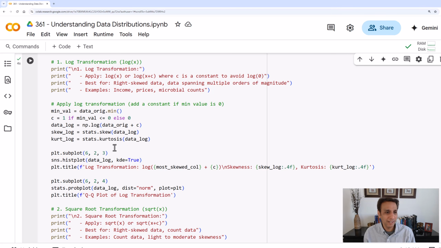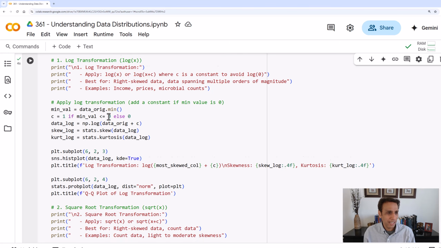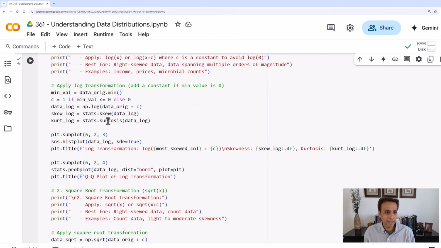And there's some safety right there: I'm saying c equals 1 if the minimum value is less than or equal to 0, else c is 0, and I'm adding the c just to take care of not doing a log of 0 scenario. So that's it. And we are calculating the skew and kurtosis and printing them out.